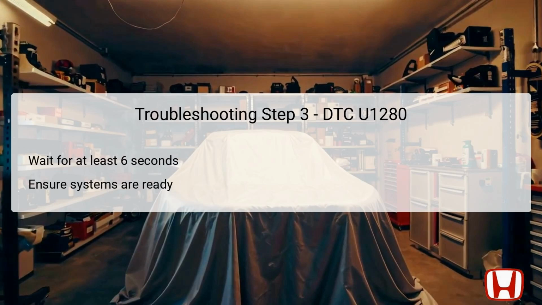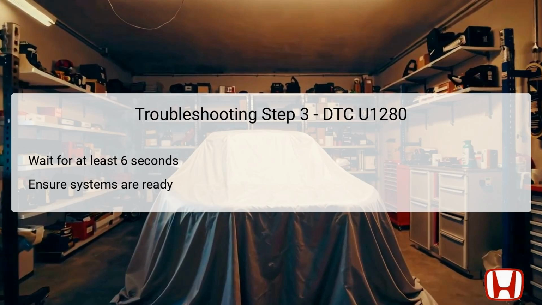The next step requires that you wait for a minimum of 6 seconds after switching on the ignition. This waiting period is not arbitrary. Rather, it ensures sufficient time for the vehicle's electronic control units to complete their power-up routines and diagnostic checks. New codes can arise if the systems are checked too soon, leading to false positives in diagnostics.